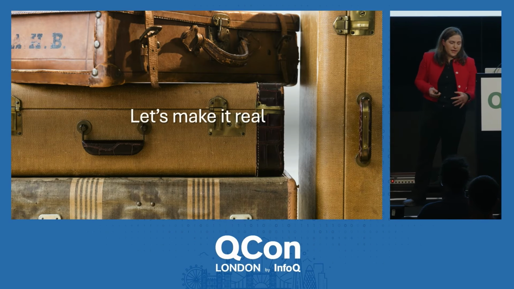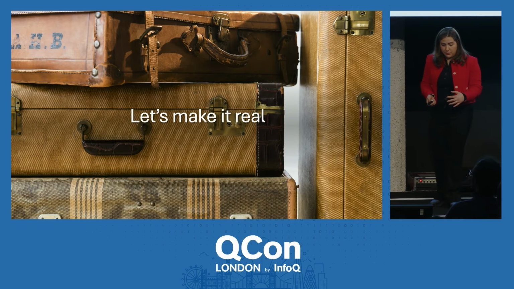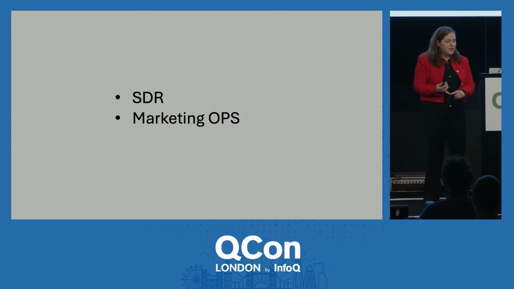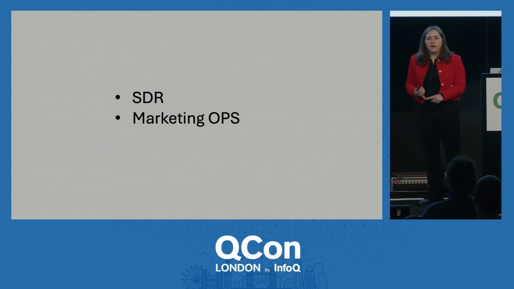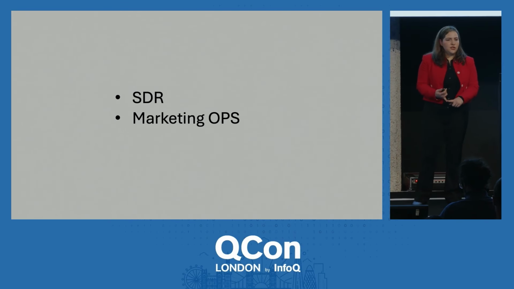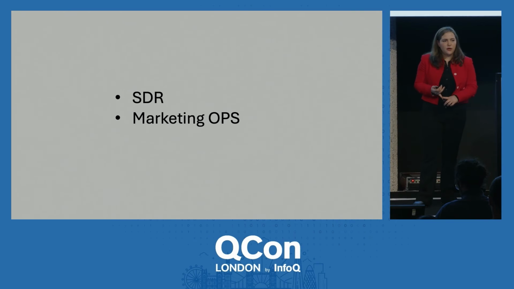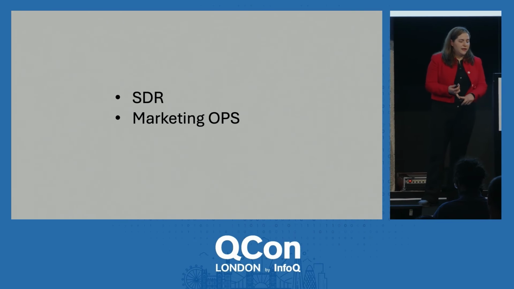So I do have a couple of minutes, and I want to talk about some real use cases that we built. One of them is SDR. SDR stands for Sales Development Representative. Sometimes you get these annoying messages on LinkedIn or an email, what we call cold reach out messages. There could be some SDR behind the scenes.